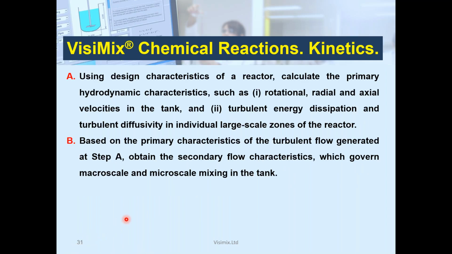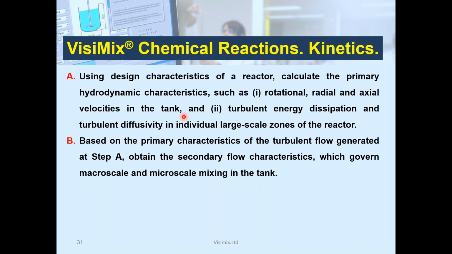The steps that we're talking about are the following. We are using a design characteristic of a reactor, like we did in a normal VisiMix that you know, customers, and you will see now. We'll calculate two main points. The first, we will use rotational, radial, and axial velocity in the tank. The second, we will use the local mixing.